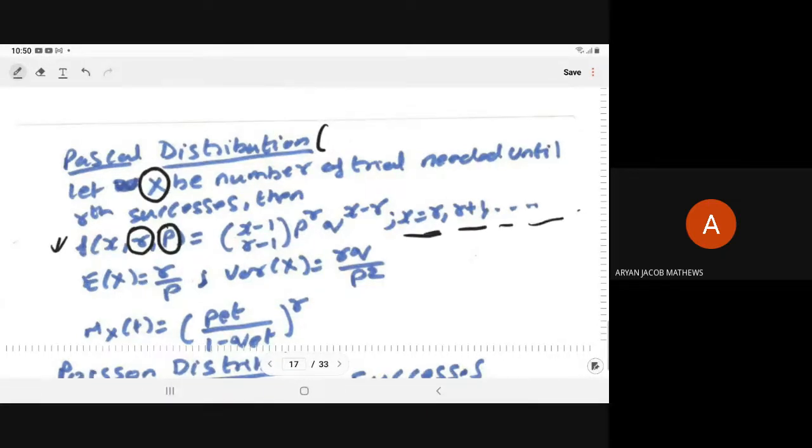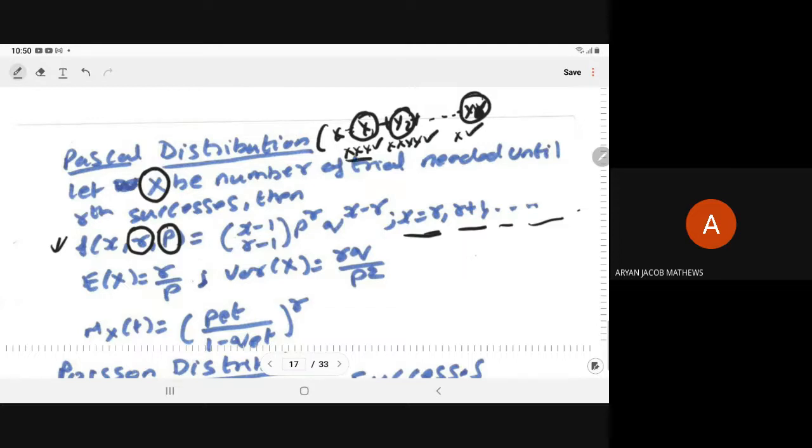The Pascal distribution is the sum of n independent geometric variates. A geometric variate measures the number of trials required to get the first success.